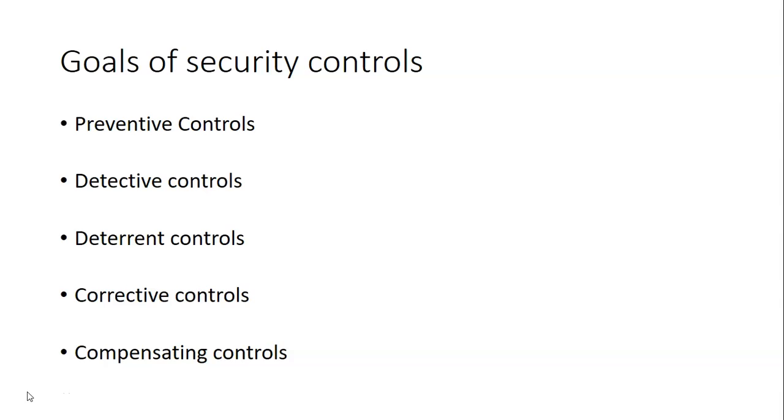Then we have what we call deterrent controls. Now for deterrent controls, these are usually the ones that scare malicious attackers away. So for example, CCTV can also serve as a deterrent, because when you see that there's a CCTV in front of a facility you're trying to break into, or probably you're trying to perform something over a computer and there's a CCTV just over your shoulder, it lets you know that if you do it, you get caught. So you might rethink your actions.